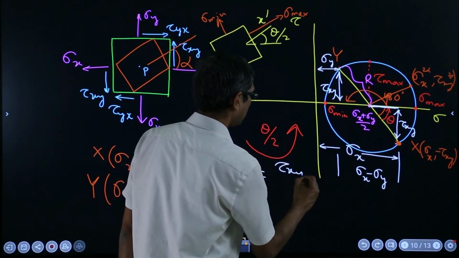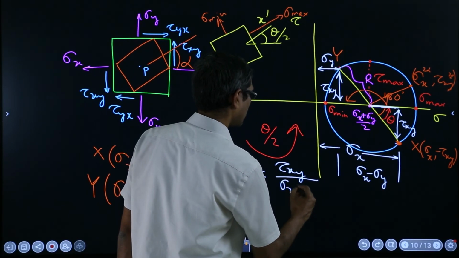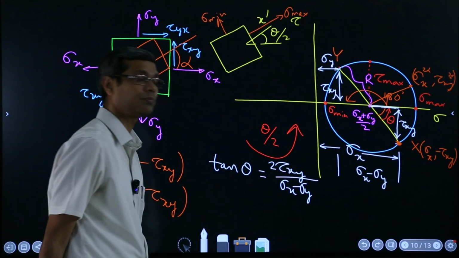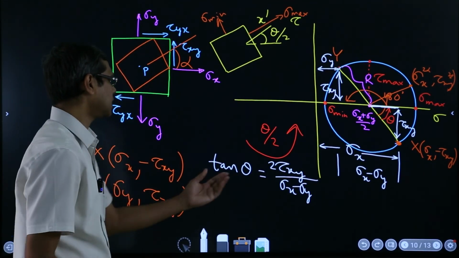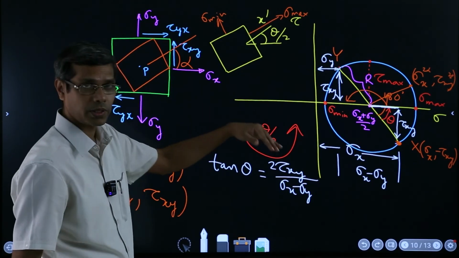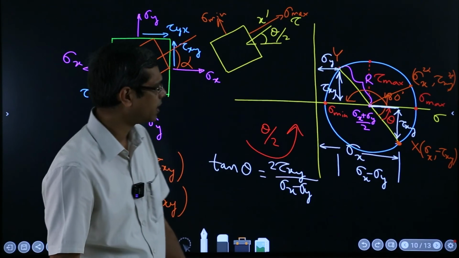Tau xy over sigma x minus sigma y over 2, that means 2 tau xy in the numerator. So that is the formula for getting the principal planes from the measured axis.